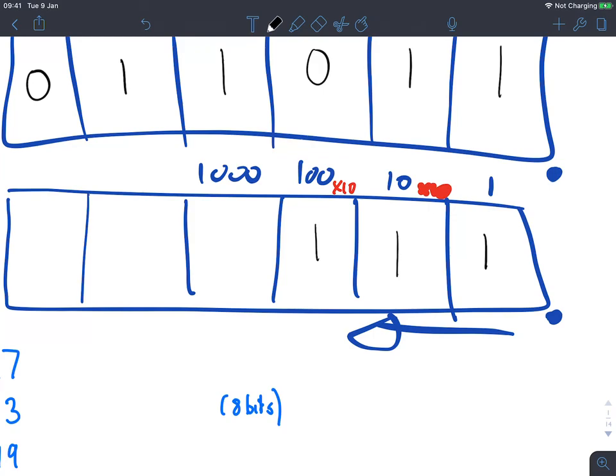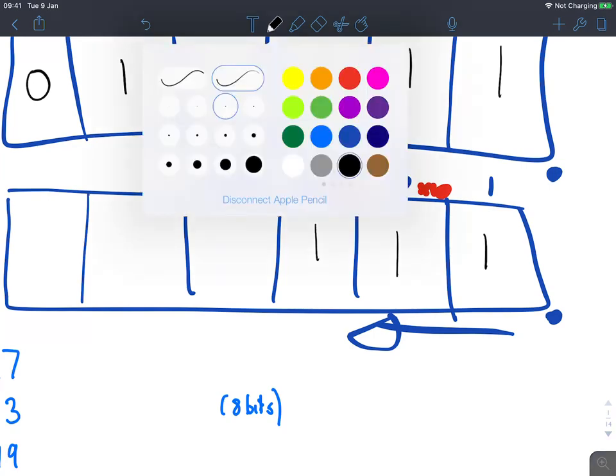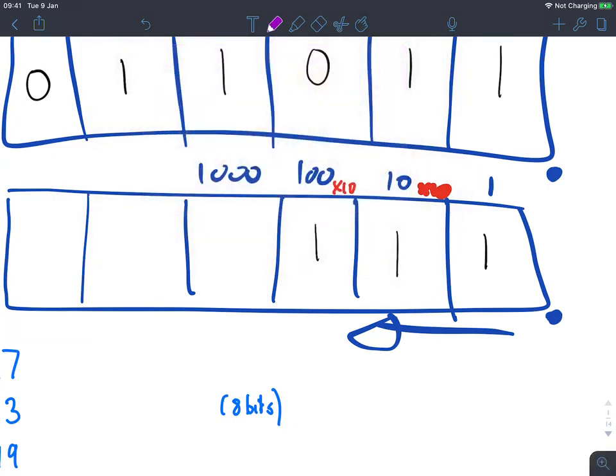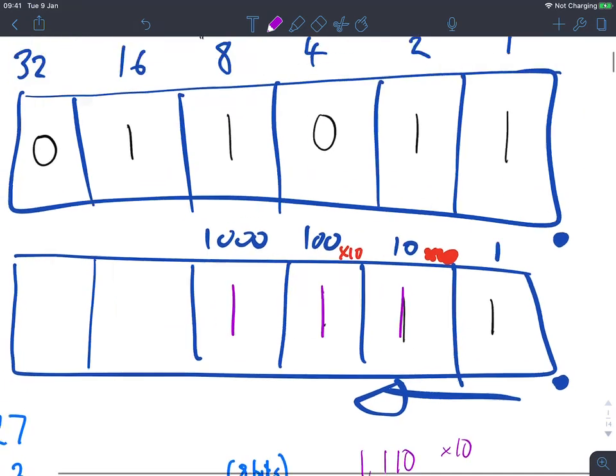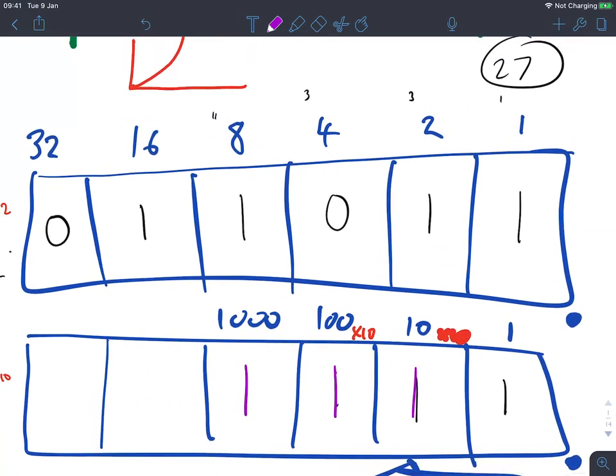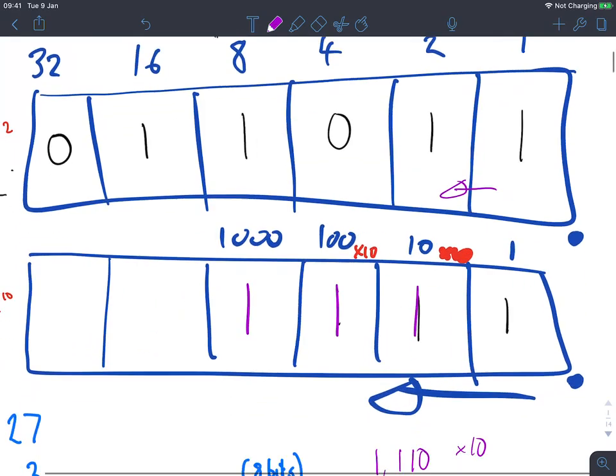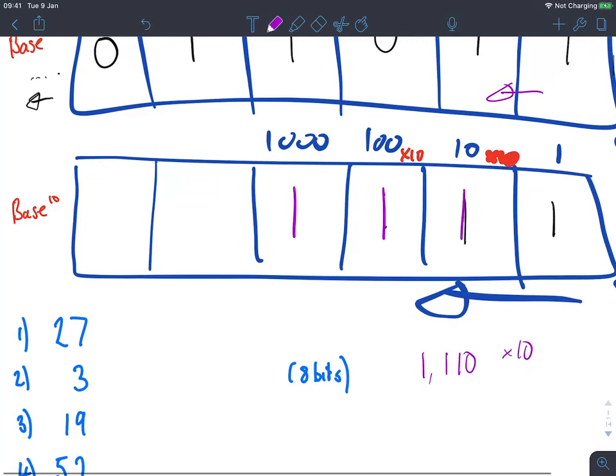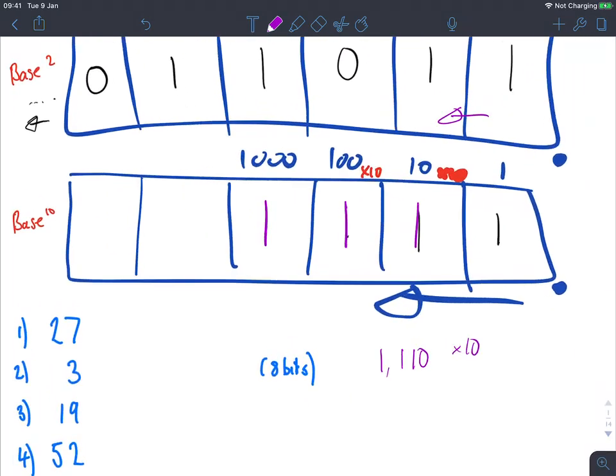But if we shift all of that along, I'll represent that with purple, then we'd have 1, 1, 1, 0, which is 1,110, which is 10 times greater. Just similar to how I've explained it in binary. When we move across left by one place, we double the number. But in our number system, base 10, not just double, we multiply it by a magnitude of 10.